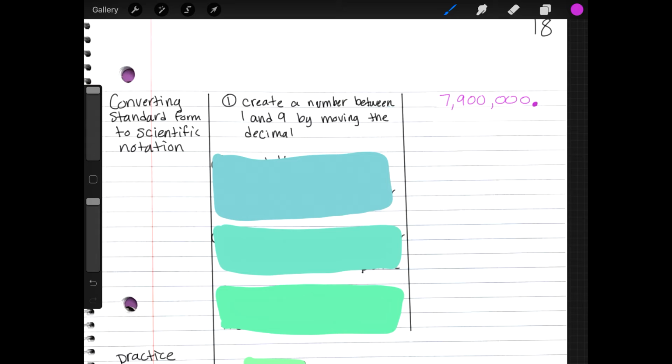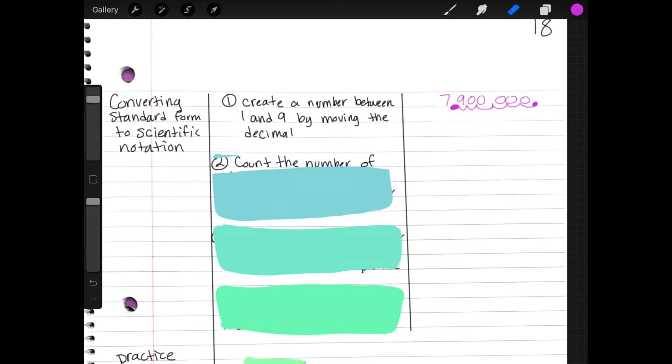We're going to move it so that the first number is between 1 and 9. So let's move it over here, 1, 2, 3, 4, 5, 6. If we move it right here, the first number would be 7, and 7 is between 1 and 9. So that's where I'm going to leave my decimal.